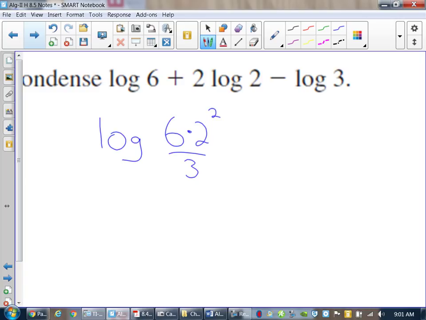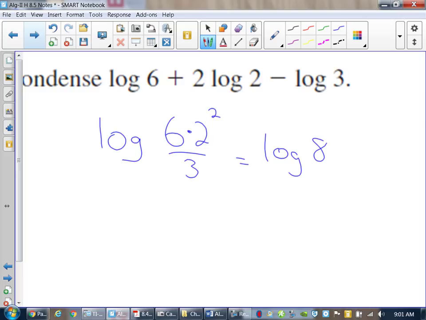So then from there you could probably simplify it. What do you get? 8. Yeah, log base 10 of 8. So by condensing some things, you're going to be able to simplify them as you go through.